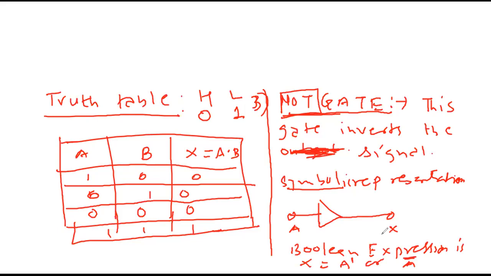It is also called the complement. The complement of A is A bar or A dash. It has only one input and one output. Truth table is as shown. Okay, write it first. Then I am doing the truth table.